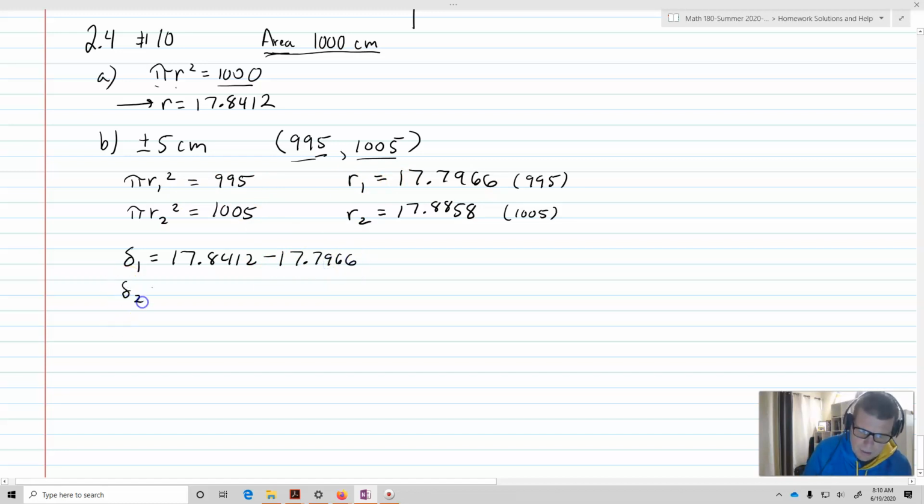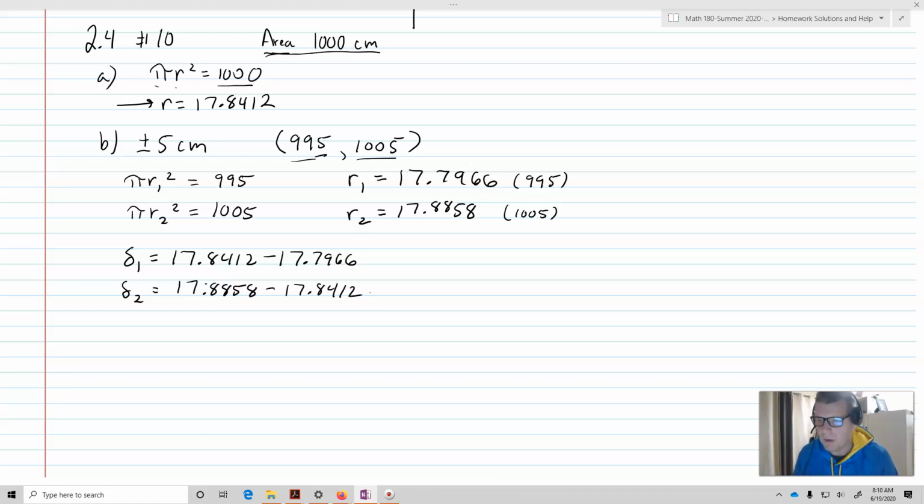And then our delta 2 is going to equal, excuse me, other way around, we want the bigger one: 17.8858, the top end, minus 17.8412. You can do it in either direction. Just remember it's a distance, so it's got to be made positive. You could also just do absolute value if you wanted to. So we'll figure out what those are equal to.